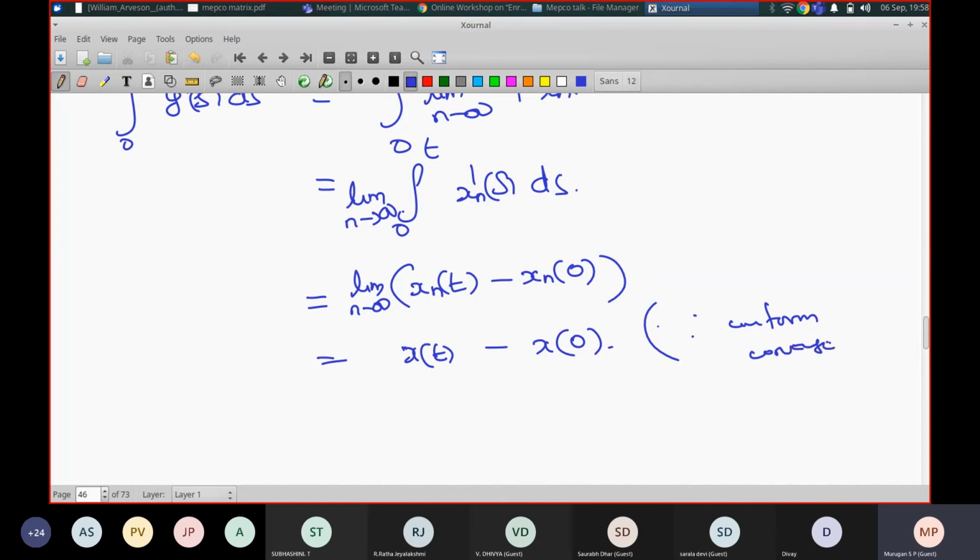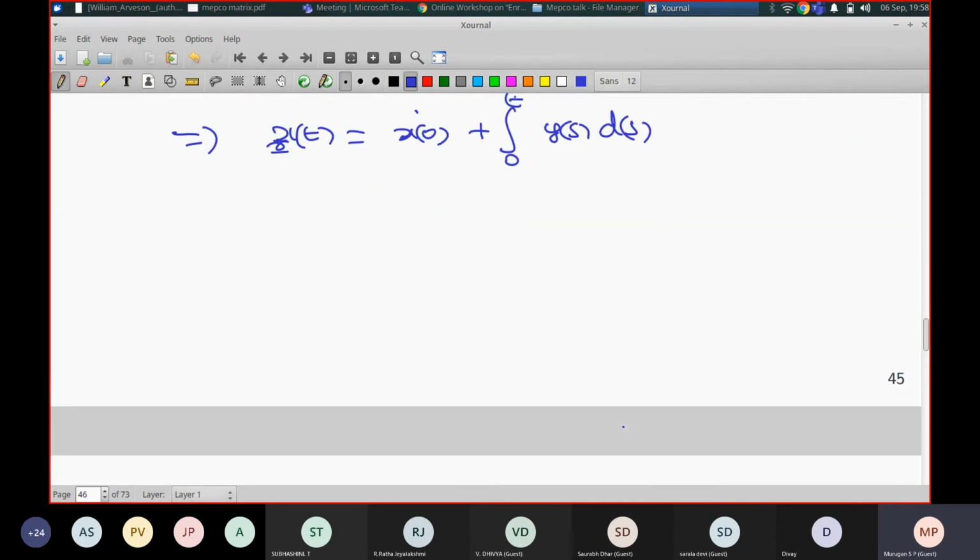Then you can write x of t as x of 0 plus the integral from 0 to t of y of s ds, right?